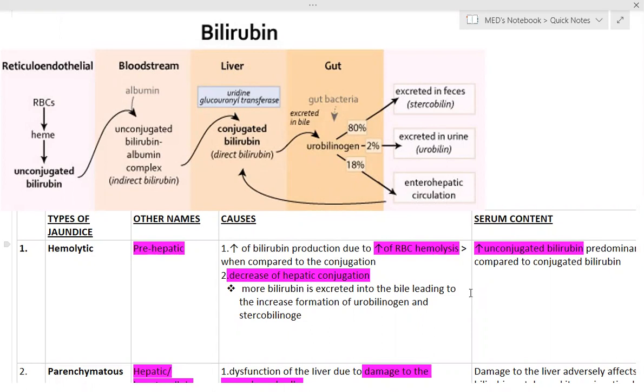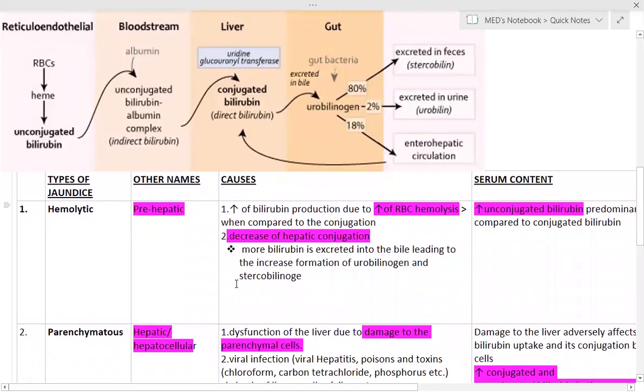So I would like to tell you first about hemolytic jaundice. Hemolytic, the name itself tells you, means excessive hemolysis of RBCs, to the extent that this enzyme is not able to convert the unconjugated bilirubin to conjugated.